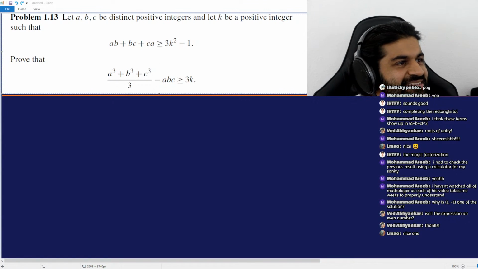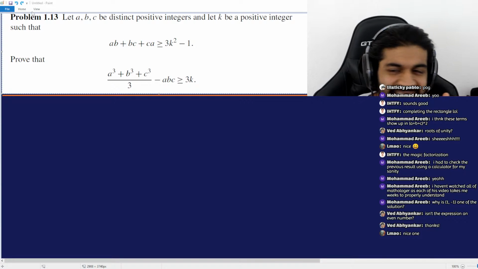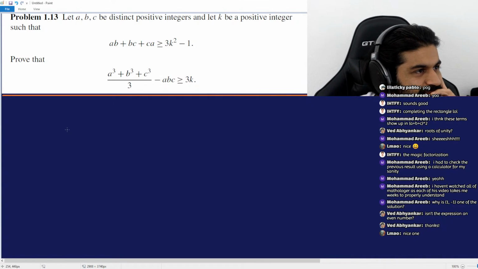All right, so a, b, and c are distinct positive integers. Let k be a positive integer such that ab plus bc plus ca is greater than or equal to 3k squared minus 1. You want to prove this. Okay, so you start with the expression.